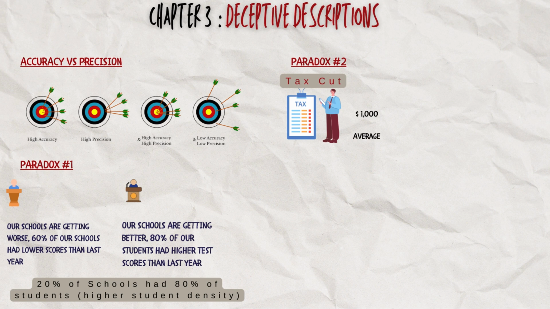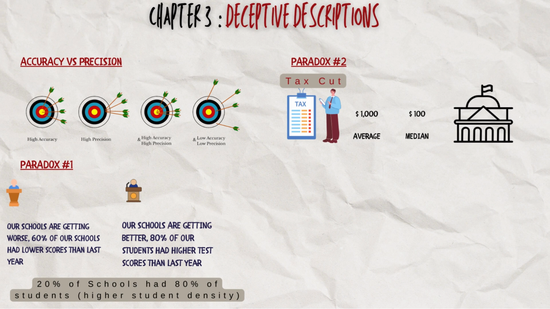No. When the US administration announced this in the early 2000s, the actual median saving in taxes was only $100. That is, 50% of the citizens were saving equal to or less than $100. But why was the average $1,000 then? Because there would have been a lot of wealthy individuals who would have saved way more than $1,000, which would have pushed the average to $1,000.